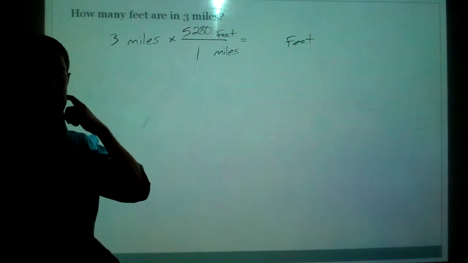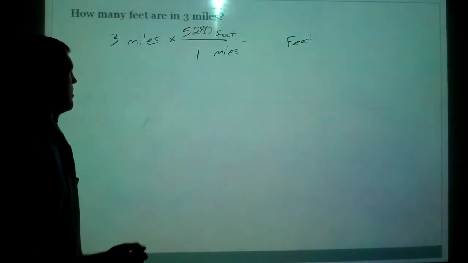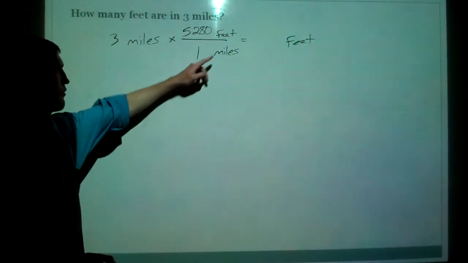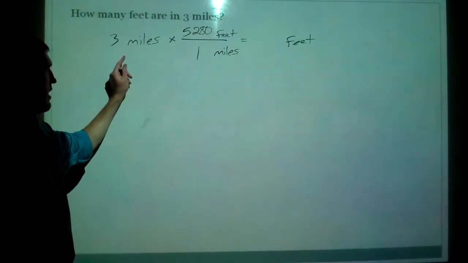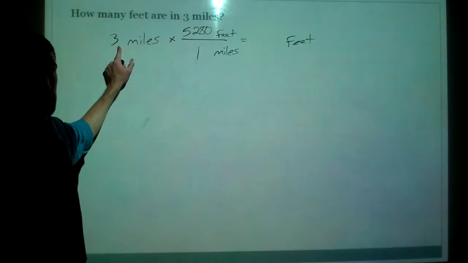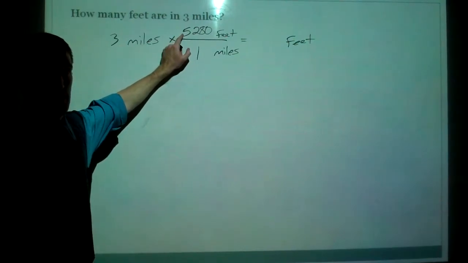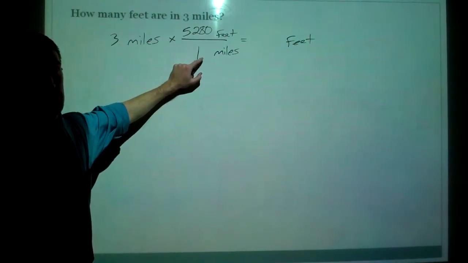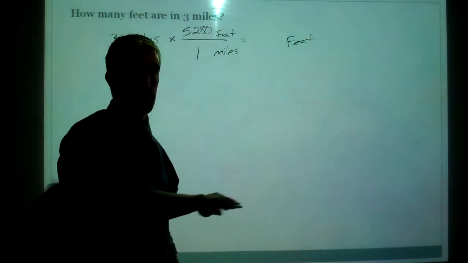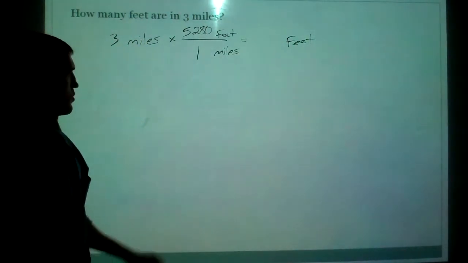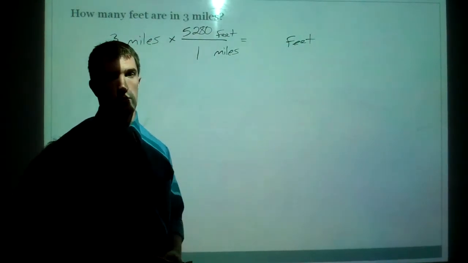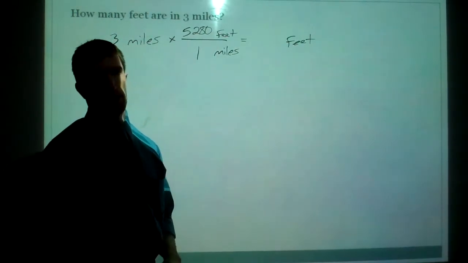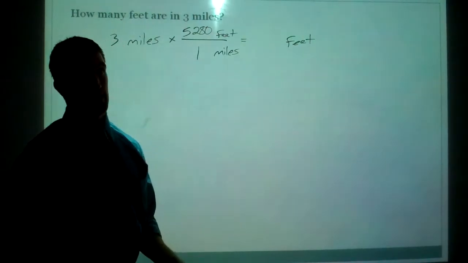Getting it set up's a little messy sometimes, but now that we have our feet, and that's what we wanted, we will multiply this number by any number that's on the top and divide by any number that's on the bottom. So when we're doing multiple step conversions, that'll come in handy, because we'll have a few of these and then everything will be set up and we'll be like, okay, we'll just divide by anything on the bottom, multiply by anything on the top.